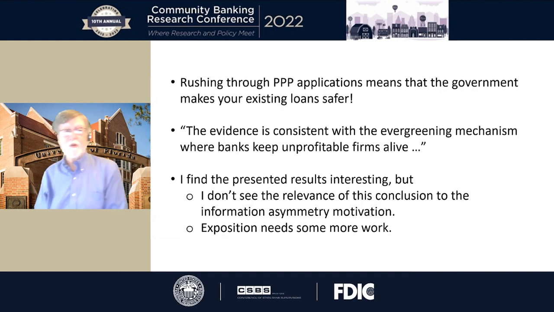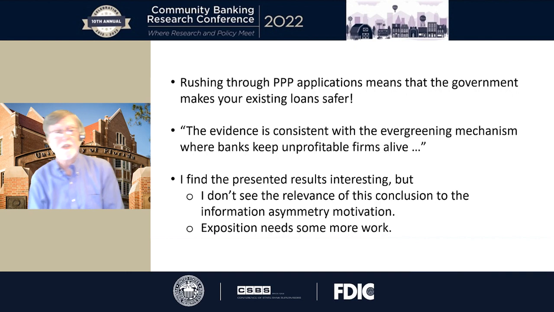Now, here's a quote from late in the paper where Daniel says the evidence is consistent with the evergreening mechanism where banks keep unprofitable firms alive. And I thought that his documentation about the quality of the PPP borrowers, credit quality, was well presented in this context.